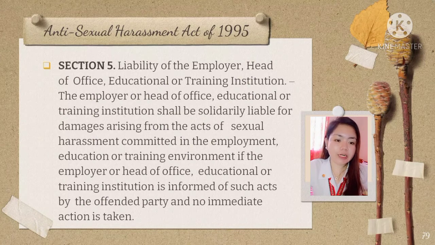The employer or head of office, educational or training institution shall be solidarily liable for damages arising from the acts of sexual harassment committed in the employment, education, or training environment if the employer or head of office, educational or training institution is informed of such acts by the offended party and no immediate action is taken.